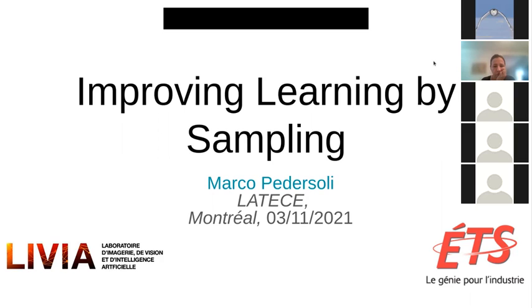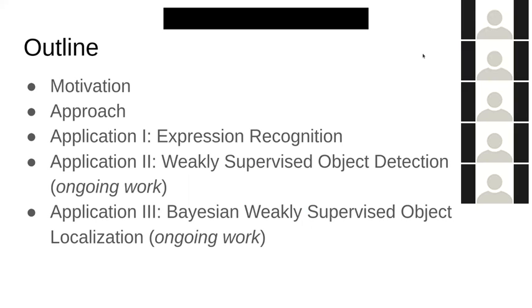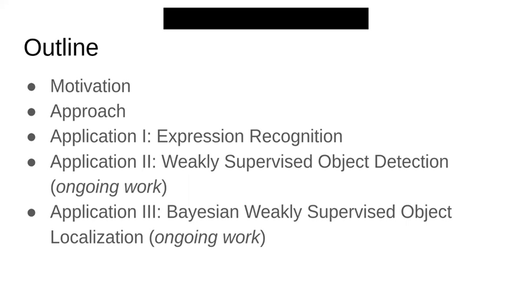So this talk is about some recent work that I did, and I will start with the motivation about this kind of research, about using sampling to improve learning, and I will explain a bit what I mean with that. I will explain the general approach, and then I will present 3 different applications.